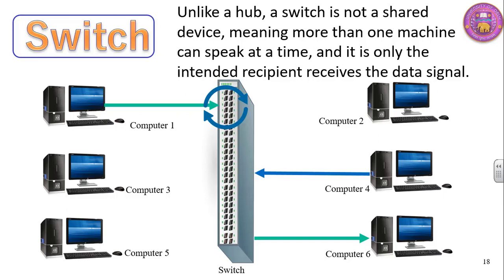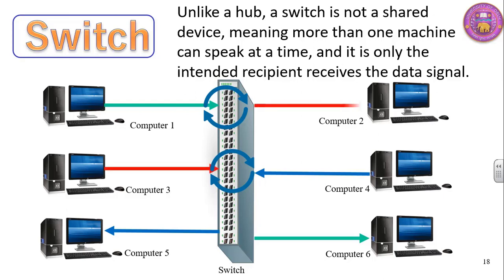The message goes to the switch. The switch reads the message and finds that this particular message is meant for computer number 5. It transmits the message to computer number 5. Similarly, computer 3 intends to send a message to computer number 2. In this case, the switch does not broadcast the message.